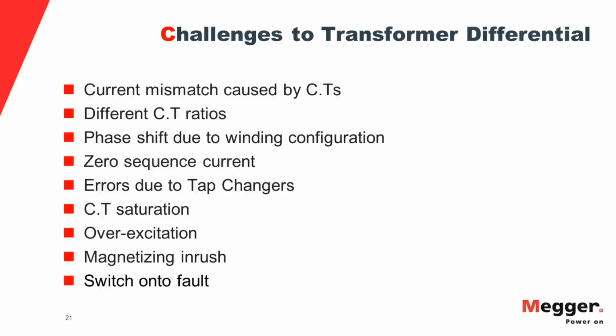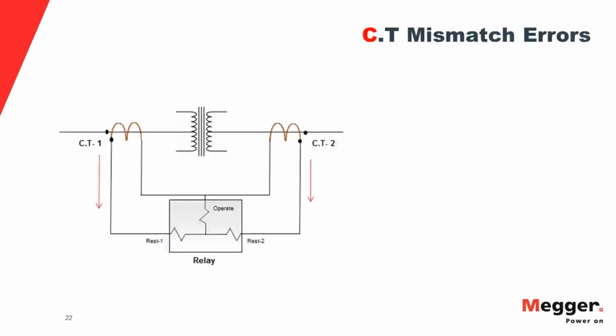So let's start with current mismatch caused by CTs. Again, here I've taken an example of a single phase transformer with a single phase differential relay. I have secondary currents flowing in this direction as of now.